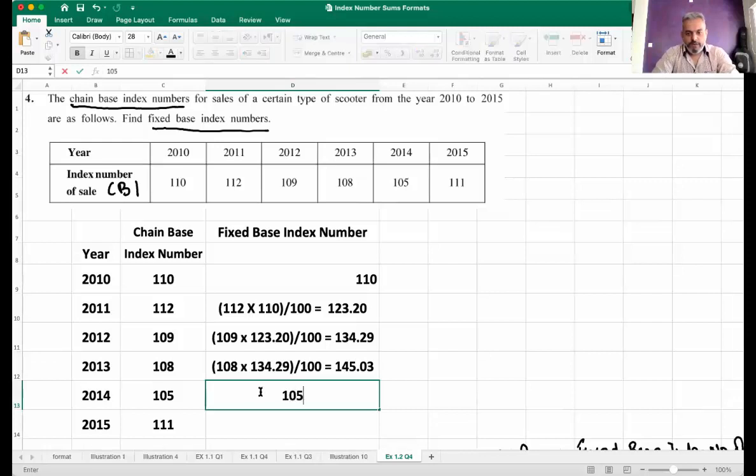Then 105 into 145.03 divided by 100 is equal to 152.28.